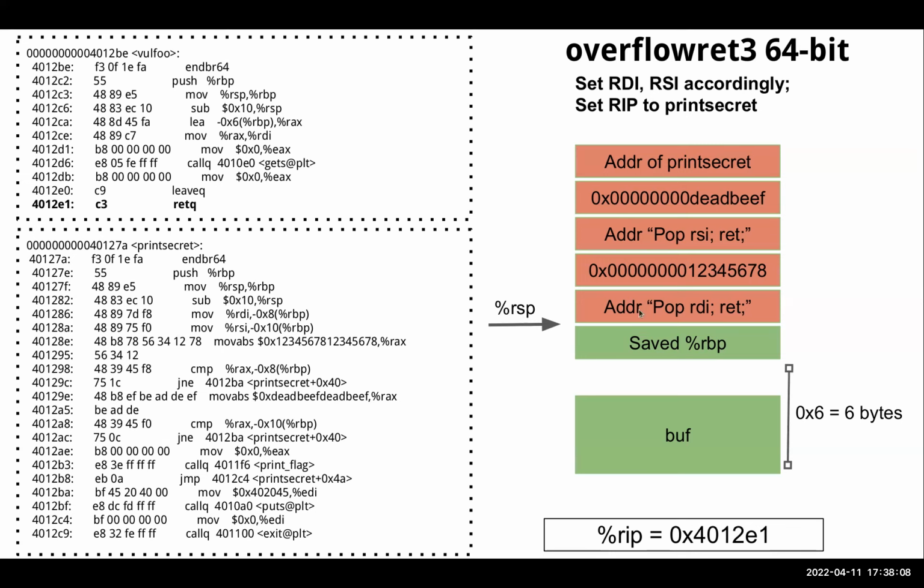Here is supposed to be the legit return address, which we overwrite with a new address, and that address has a gadget. That address has two instructions, basically pop RDI and return. That's it.